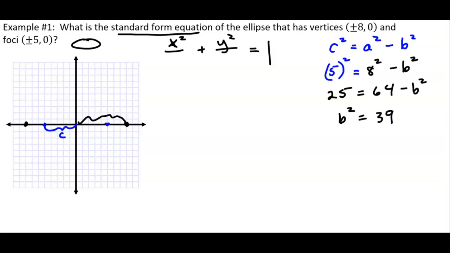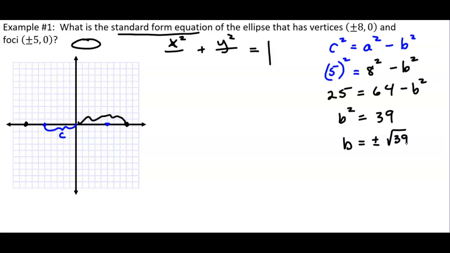Okay. Now, you might be interested in, well, what's the square root of 39? b would be equal to plus or minus the square root of 39. And that's not a perfect square, so I can get a decimal approximation for it. Let me do that real quick. Square root of 39.